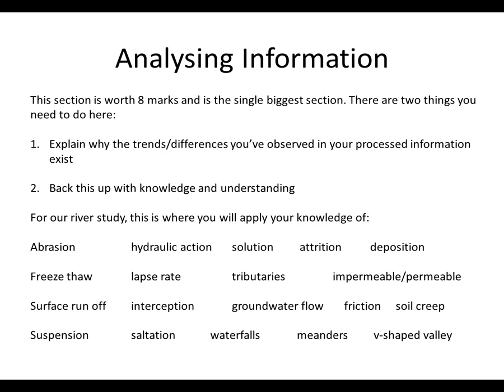Whereas at location 2, through the process of erosion, you then go on to explain the process of erosion, we found that 95% of the pebbles were rounded, right? You see how you can link in what's happening here? Your background information, link it to it, and that covers your analysing information.